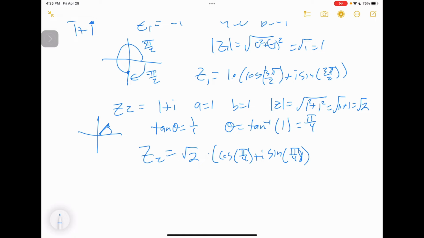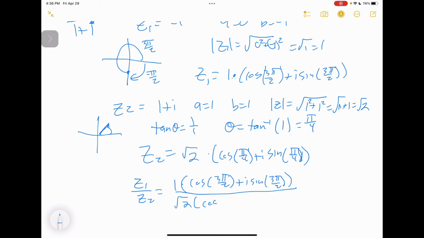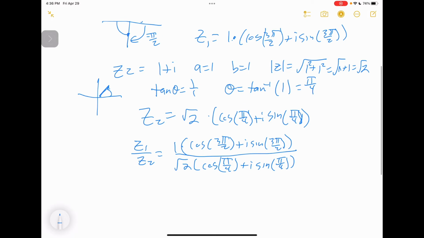So our Z1 over Z2 is 1 times cosine of 3 pi over 2 plus i sine of 3 pi over 2, over the square root of 2 times cosine of pi over 4 plus i sine of pi over 4. And this is the cool thing about this type of division.